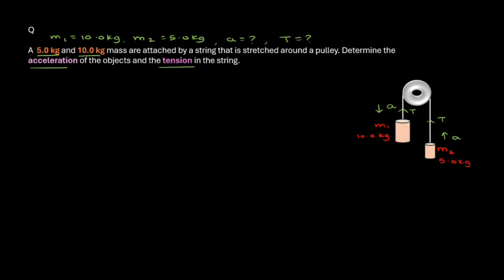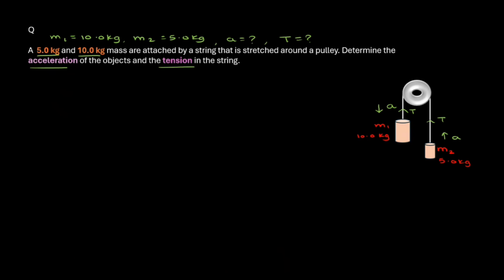So the rate at which M1 comes down is the same rate at which M2 will go up. This is the direction of acceleration that we have assumed according to the figure. If the actual direction of acceleration is opposite to what we assumed, the answer that you will get will be negative, but the magnitude of acceleration will remain the same.